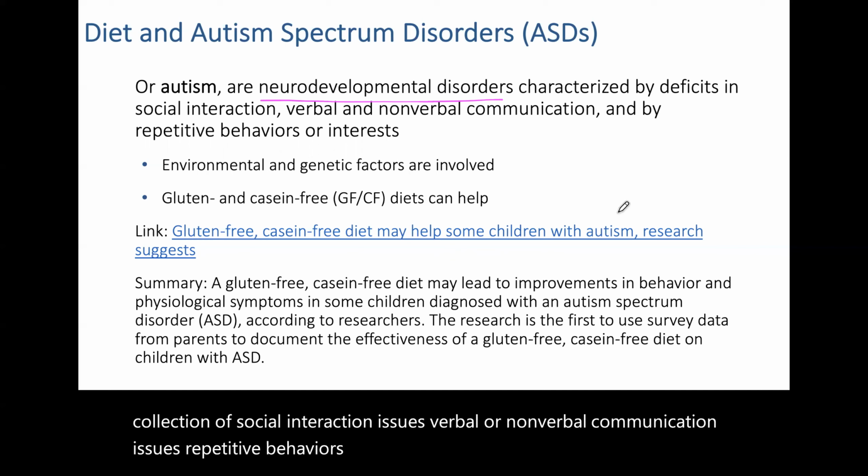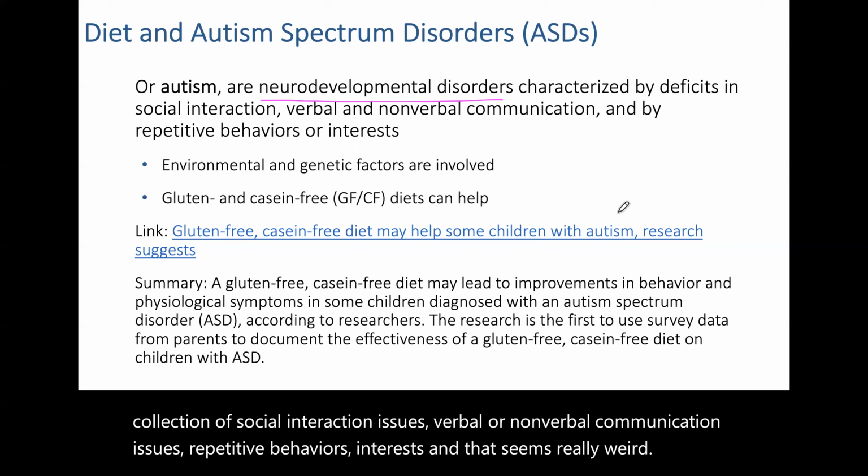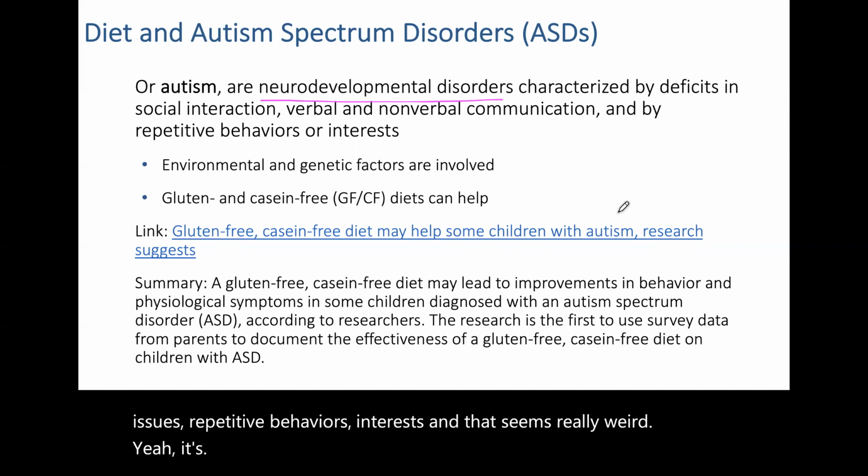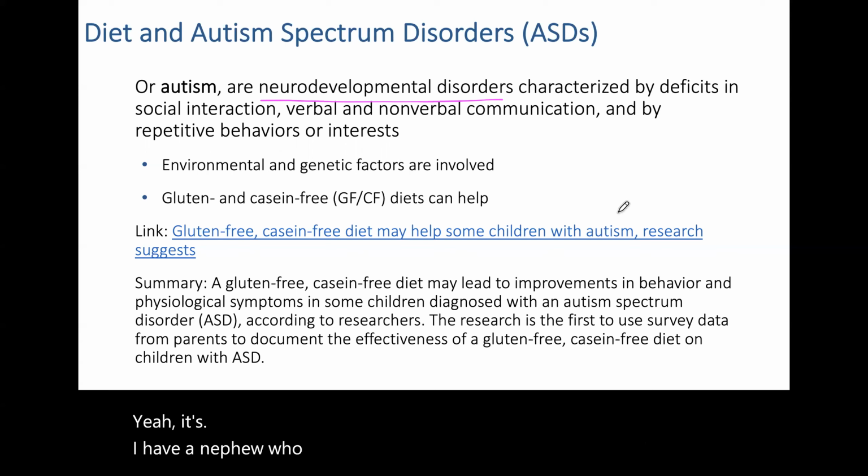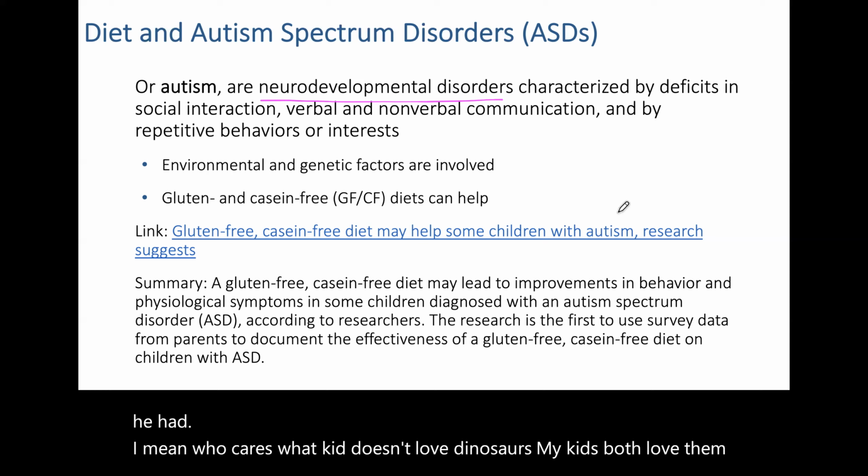And that seems really weird. I have a nephew who's somewhere on the autism spectrum. And what kid doesn't love dinosaurs? My kids both loved them. And for the most part, they still do.